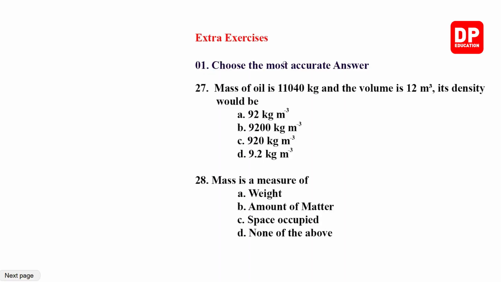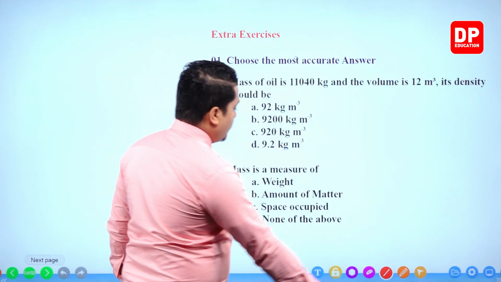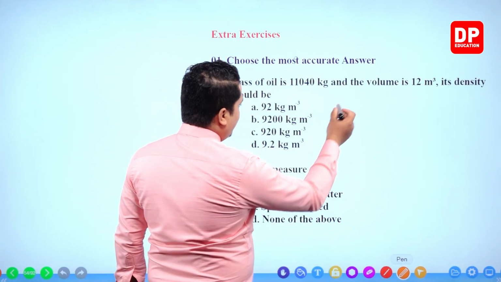Mass of oil is 11,040 kilograms and the volume is 12 cubic meters. Its density would be? 11,040 is the mass and the volume is 12 cubic meters. So let's find out the density then.